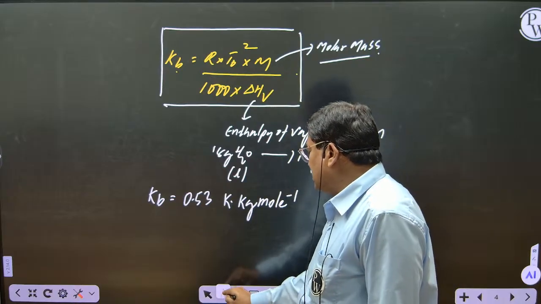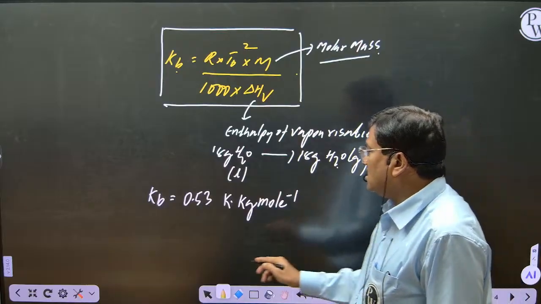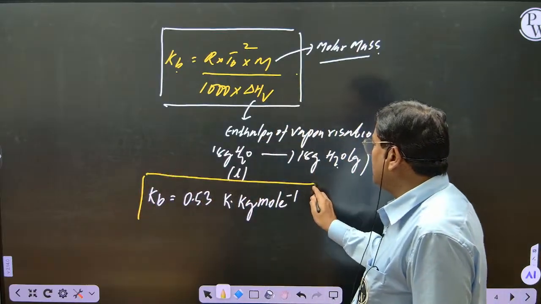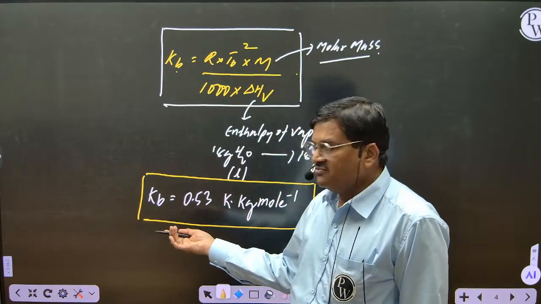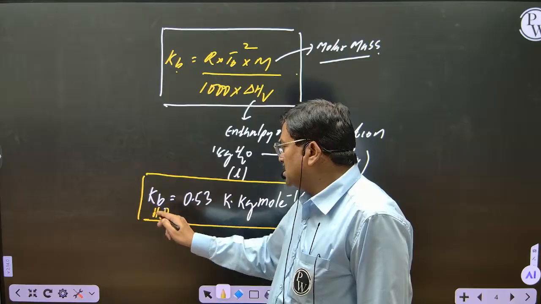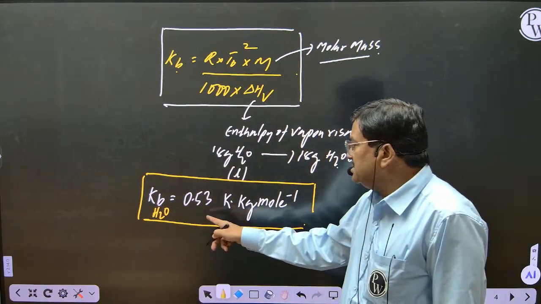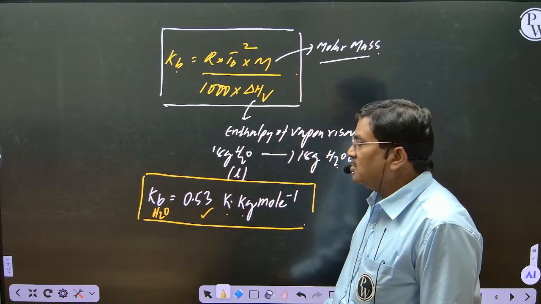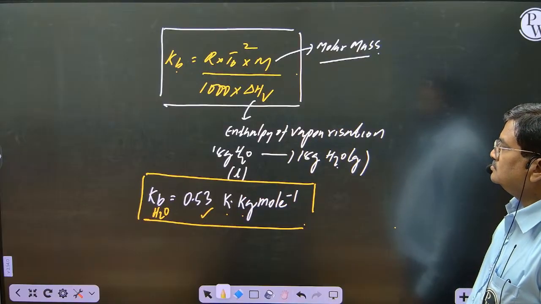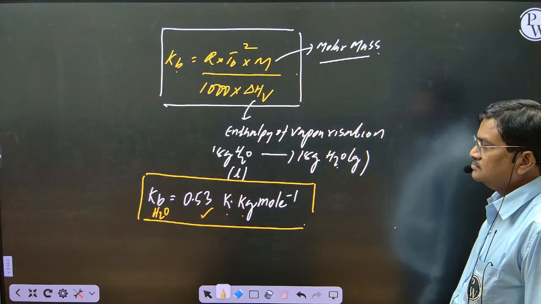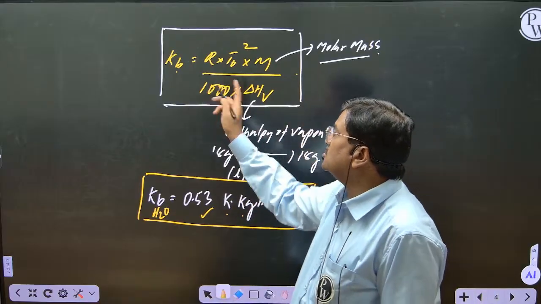This is a fixed value for water. In a problem, if it is a solvent other than water, they will mention it. How much? 0.53 Kelvin kg per mole. Understood, students? So this is the ebullioscopic constant.